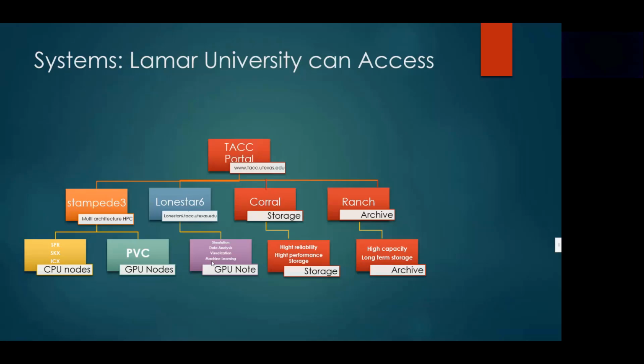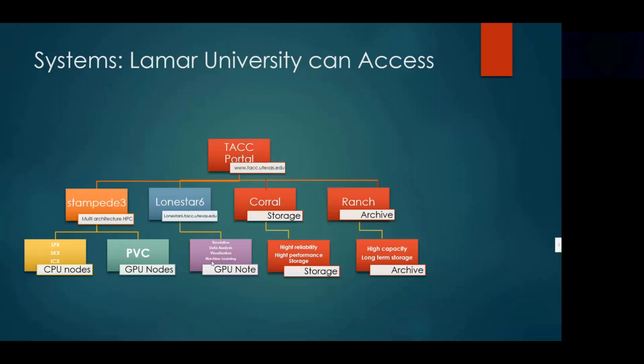You probably need to wait in the queue. I'm going to introduce how you look at when, where, and how many nodes you are going to use. They tell you in real time the utilization, how many nodes are available, how many jobs are waiting in the queue, and then based on your job, you can select which resources.